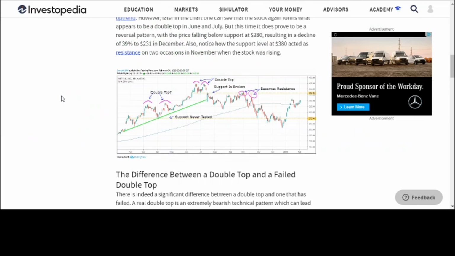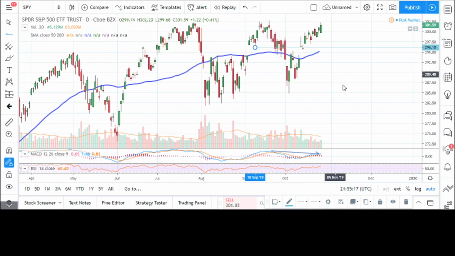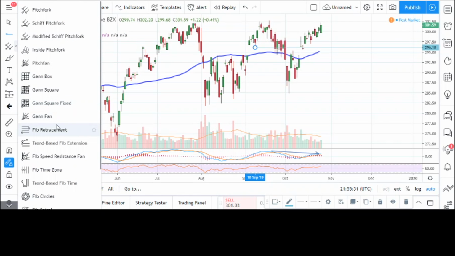So this is really good information, and according to the definition for double top, you actually have to see two things: not only the tops that are forming, but also the support area needs to be broken, the last support area.